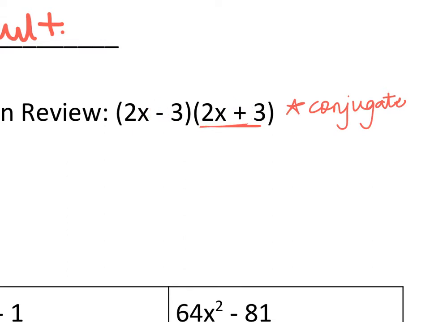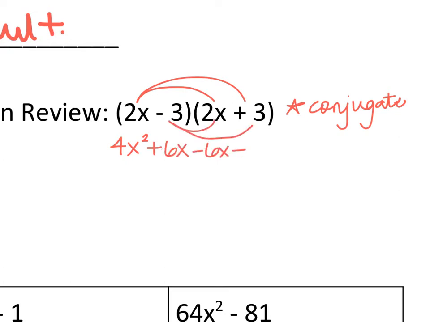All right, so I'm actually going to show you the quick way to multiply. Well, no, I'll just distribute like we normally do. This is 4x squared plus 6x. And then when I do this bottom part, I'm going to get minus 6x minus 9.